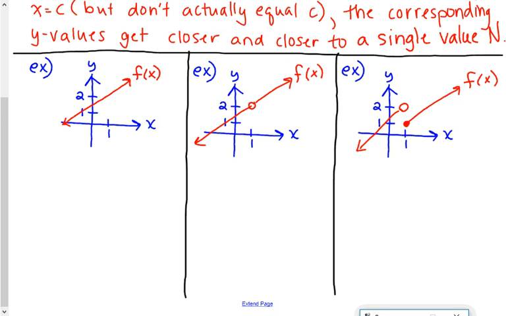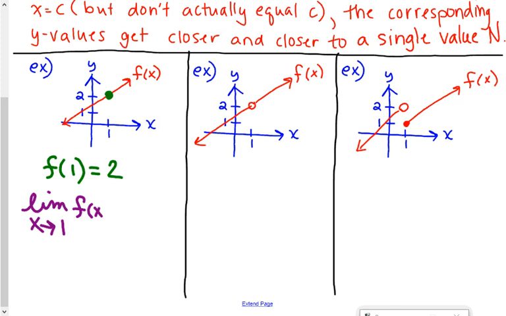So on this one, I've given you a graph. I could ask you, there's a point right here, what's f of 1? F of 1 is 2. That means what's the function value when x equals 1, and the y value of the point is 2. I could also ask you, what's the limit as x approaches 1 of f of x?